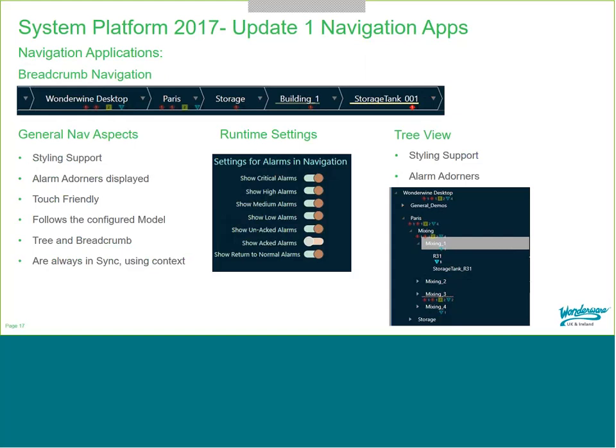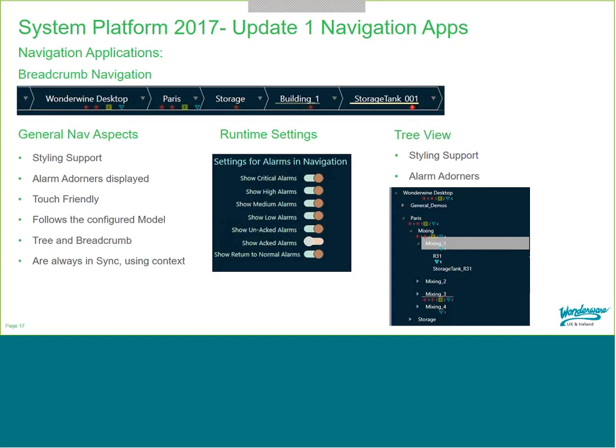There's an update to the navigation apps, and I've already mentioned some of that in terms of the alarms. They've updated the breadcrumb side. They've got runtime settings for your alarms, so you can turn features on and off. They've included styling support, so if you change the colors or anything to do with styling, it'll replicate through the system. From a tree view perspective, for those of you that haven't seen the webinars, this is defined based on your plant model.